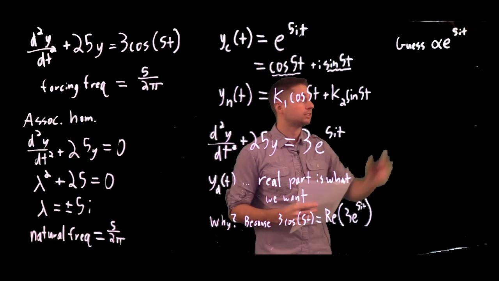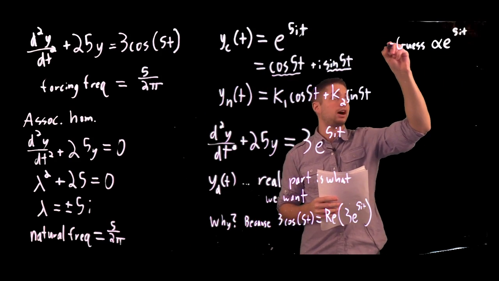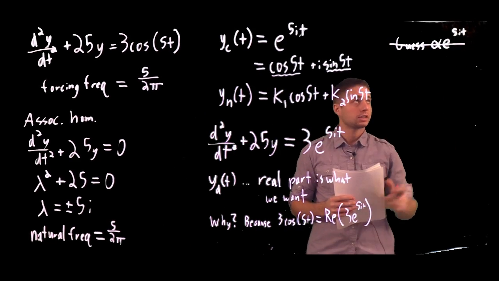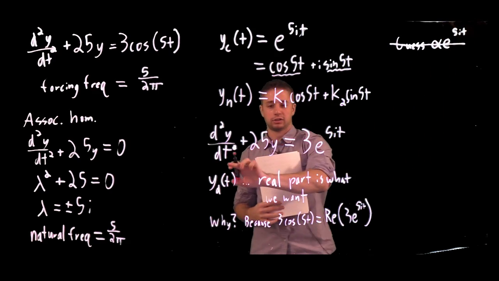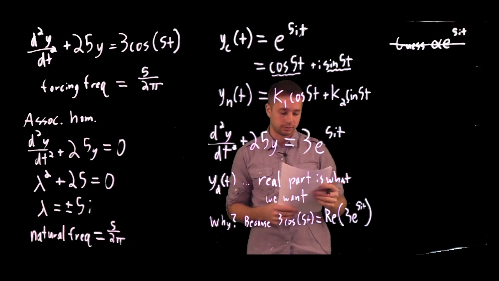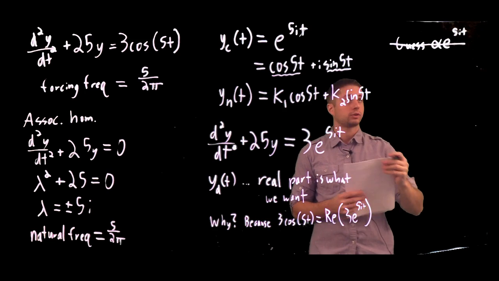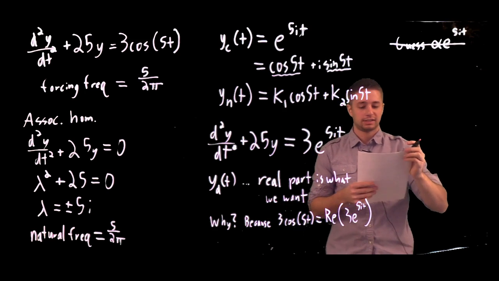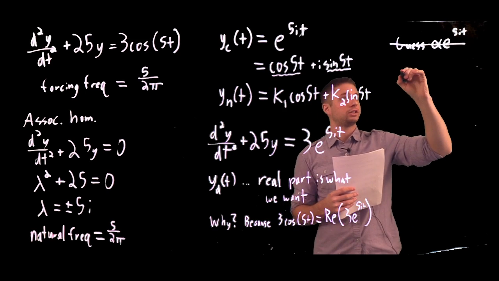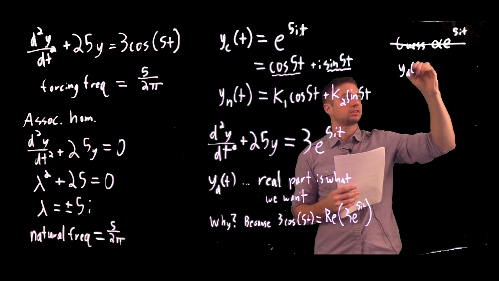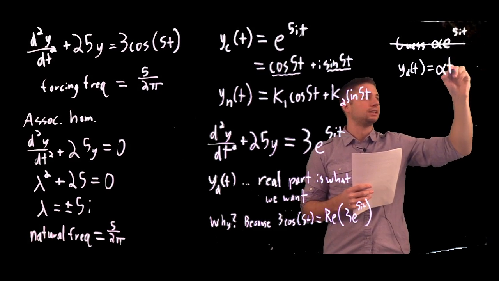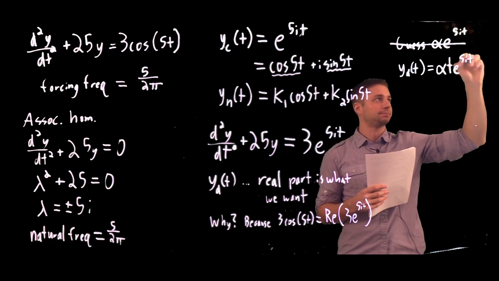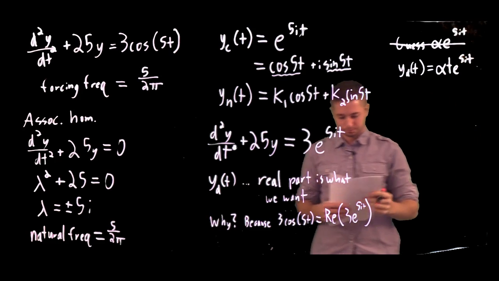So if you guess something like this, it's going to turn out not to work. There's no such alpha where this is a particular solution to this differential equation. So instead, we're going to go straight to the time-tested second guess, which is to guess that y_d(t) is alpha t e^(5it). So we're just going to put a t on it.